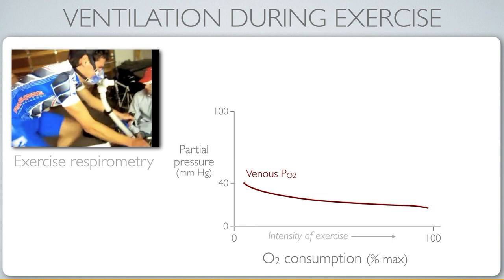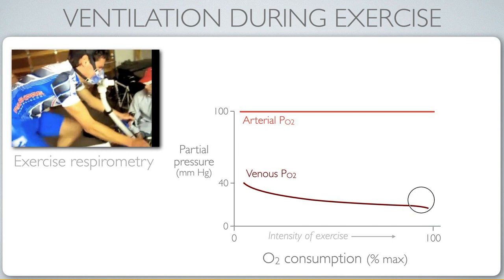Now, what's impressive is that the control system for respiration, and circulation for that matter, is so effective that on the arterial side, there is virtually no change in the partial pressure for O2. It's maintained around a set point of 100 millimeters of mercury, despite the fact that there is less and less oxygen in the blood as it returns to the lungs at the higher exercise intensities.